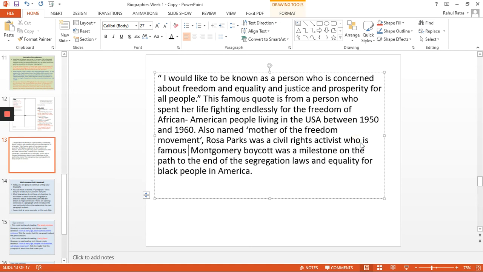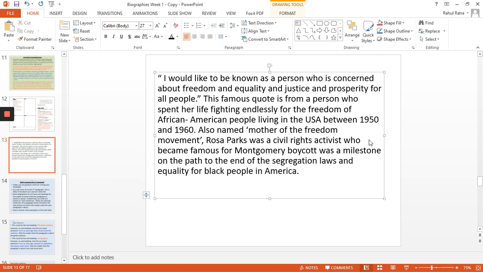Who is famous for, or who became famous, for Montgomery boycott, was a milestone. Again, I need a connective, so I could use a relative clause now, which was a milestone on the path to the end of the segregation laws and equality for black people in America. I think it makes sense now. Okay, that's my third sentence.